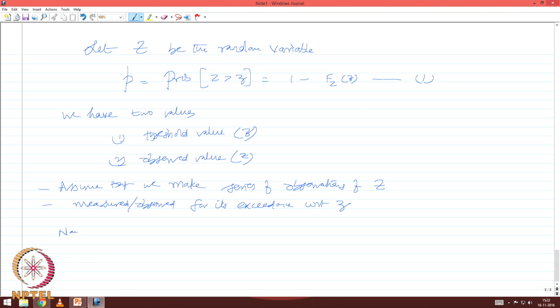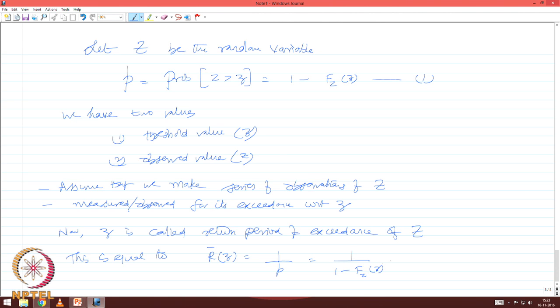Now, the threshold value small z is called the return period of exceedance of z. This is equal to R bar z, which is 1 by p, we already know that, which is actually 1 by 1 minus F_Z of z.